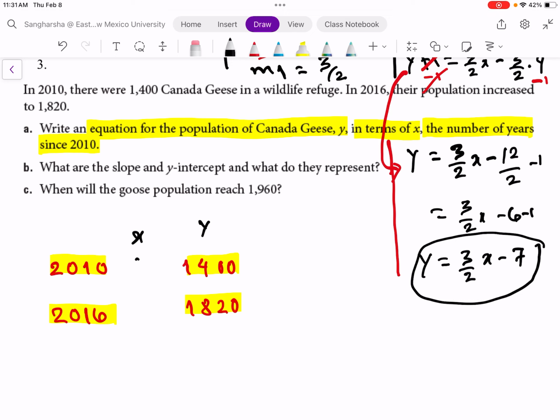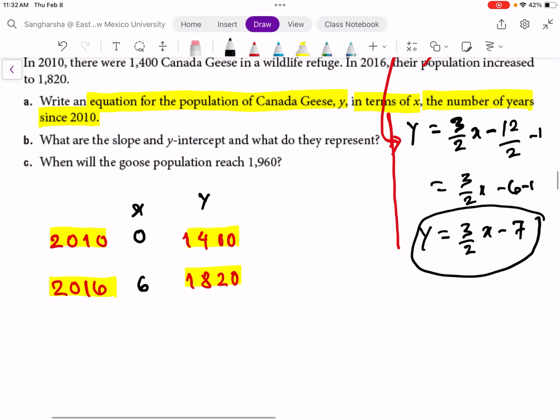And what about for 2016? The number of years after 2010 is 6, so x is 6 for 2016. So when x is 0, y is 1400, and when x is 6, y is 1820.